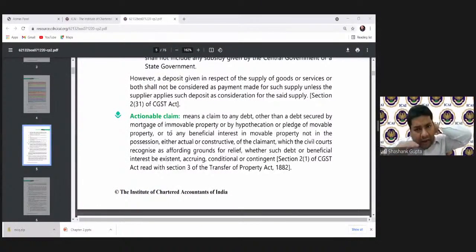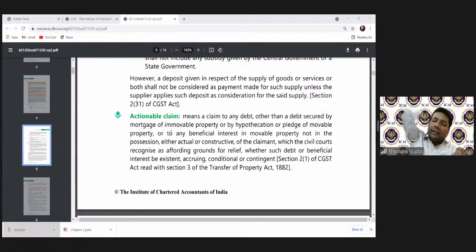So it's a slightly technically worded definition. But what you need to understand plainly is that it is a claim to an unsecured debt or a claim to a movable property. And in the case of movable property, the person should not be in possession of that movable property.